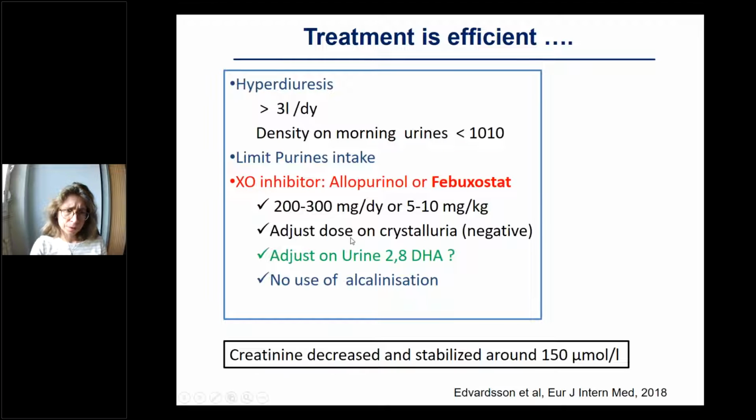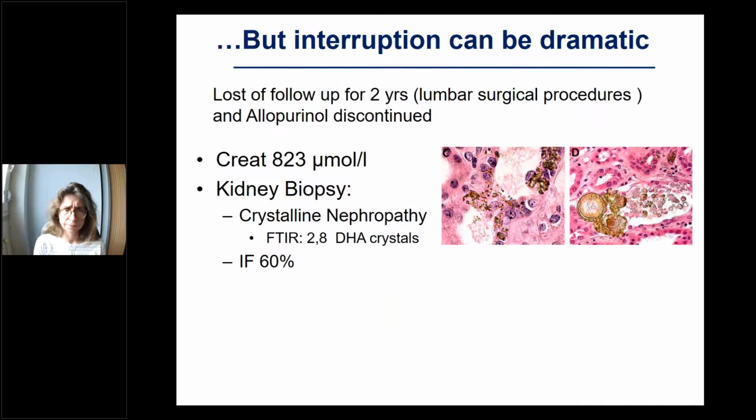And so our patient was treated with hyperdiuresis, allopurinol, and finally the creatinine improved a little bit and stabilized around 150 micromole per liter. But then everything was doing well, so he was lost to follow up for 2 years. And suddenly he had some lumbar surgical procedures, and he stopped allopurinol for the surgical procedures.